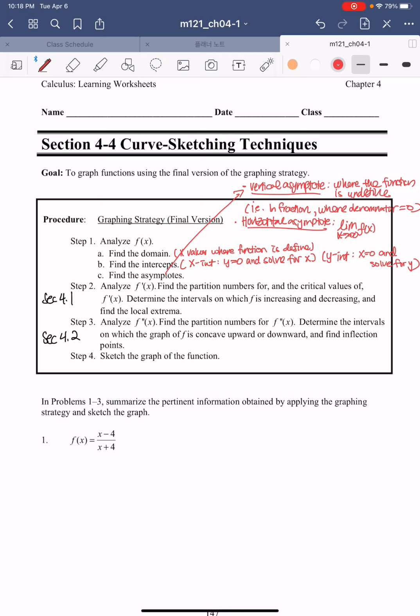Then step 2 is a review section: partition the number line, find where f is increasing and decreasing, and then find the local extrema. Step 3 is section 4.2. We use the second derivative to find the concavity, whether it's concave up or concave down, and then find inflection points. With that, we have enough information to sketch the graph.